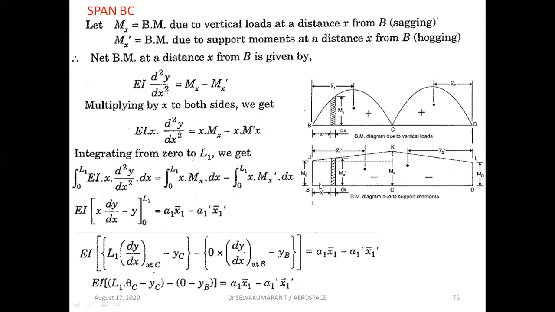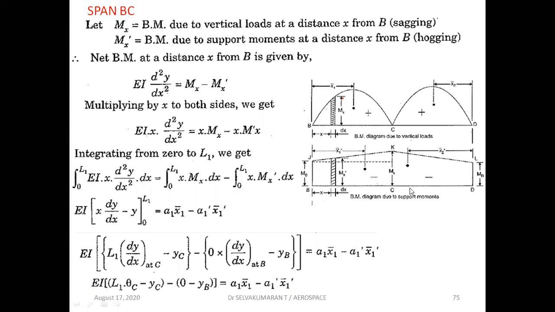Now for the right hand side, if you go to the top figure, X2 bar is nothing but the CG distance of this area from D. The area of this bending moment diagram on span CD is A2, so I will get A2 X2 bar when I consider span CD.